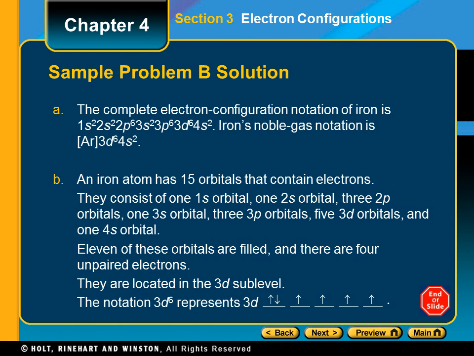The notation 3d6 would look like this. 3d, there's your lines. You would put 1 arrow, then on the next line an arrow, then on the next line an arrow, then on the next line an arrow, then on the next line an arrow. You never put 2, 2, 2. You always fill 1, 1, 1, and then you go back and put your second one in on each one.